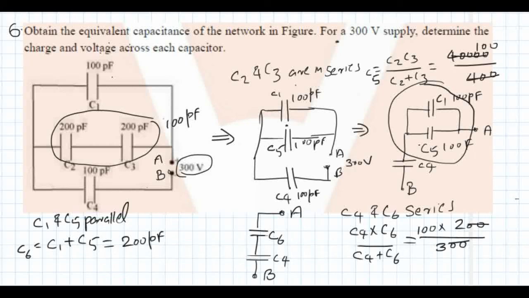So this is equal to what? This is equal to 200 by 3. So 200 by 3 is the effective capacitance, right? Let this be C7. Okay, C7 is the effective capacitance. Sorry, 200 by 3 picofarad is the effective capacitance between the point A and B.